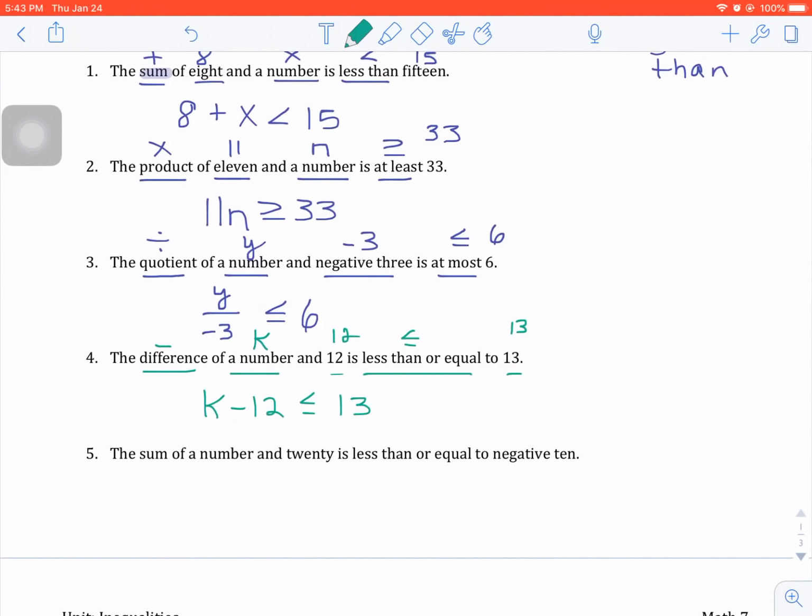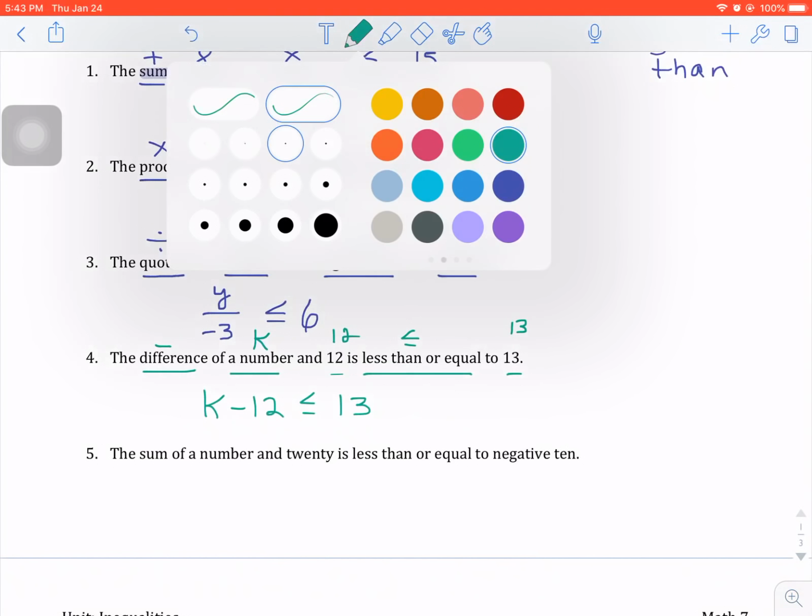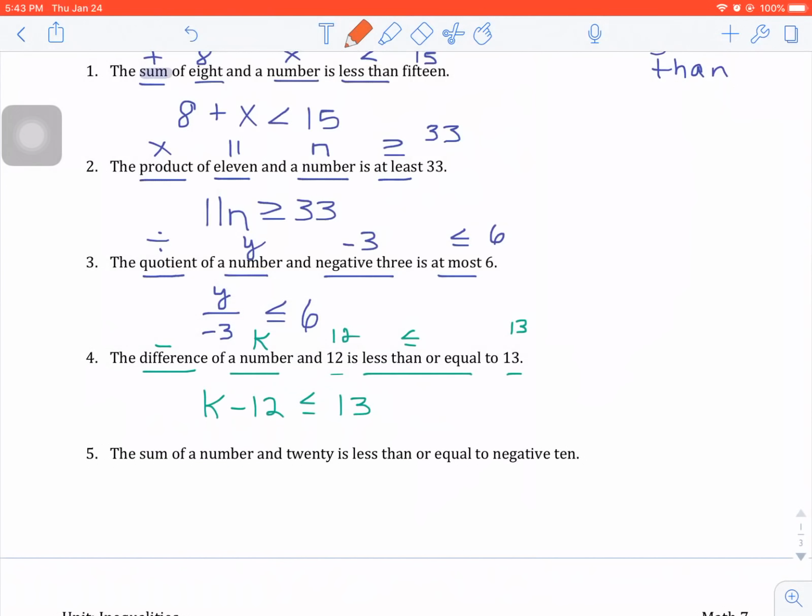And then the last problem we're going to translate is number 5. The sum of a number and 20 is less than or equal to -10. So I'm going to go ahead and change my colors again. So if we look back at number 1, we decided that addition represents sum.